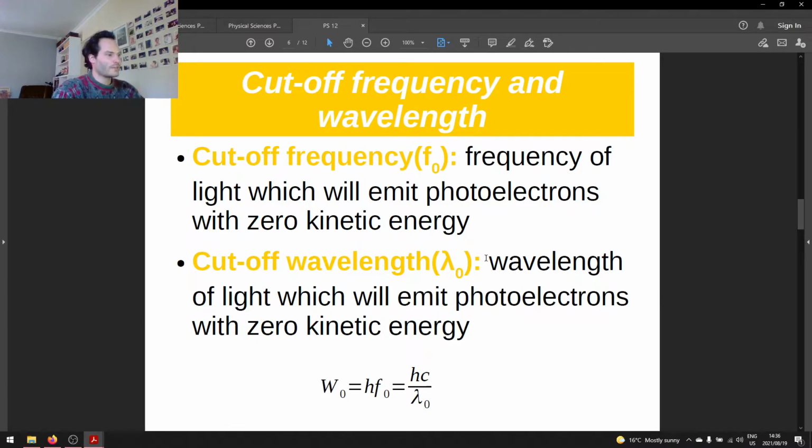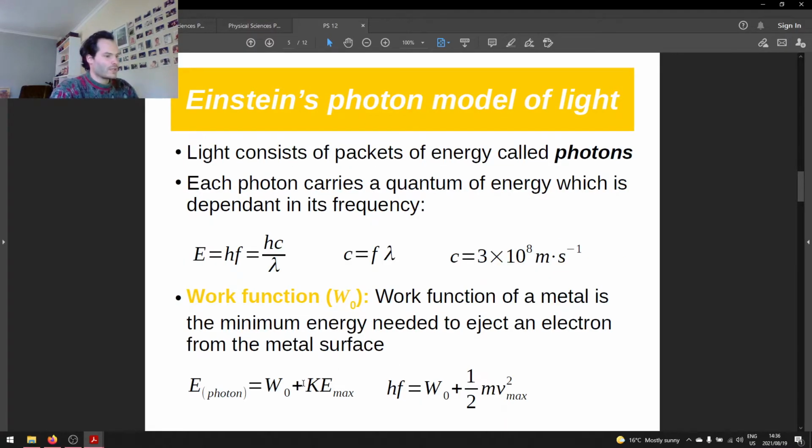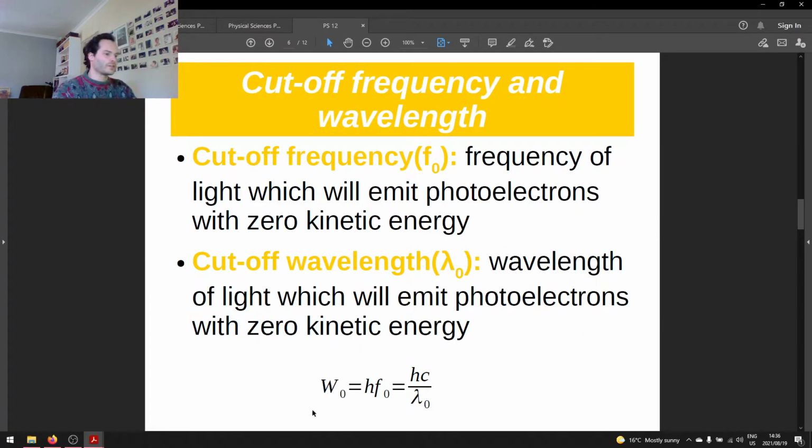The cutoff wavelength is the wavelength of light which will emit photoelectrons with zero kinetic energy. If we compare that, we're just making my kinetic energy zero, and then my E photon is just equal to hf. So I can say that my work function I can also find by saying h times my cutoff frequency, or hc over my cutoff wavelength. We're going to be able to see that in a moment.